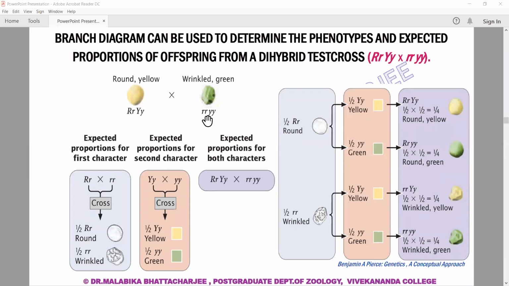It is also homozygous recessive for the color of the seed, that is green.